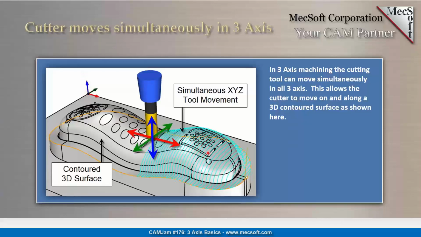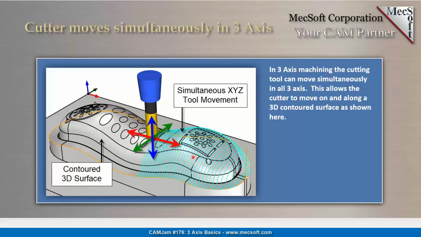The cutter will be moving in all 3 linear axes simultaneously to produce the resulting machined part when you program it using our CAM products.